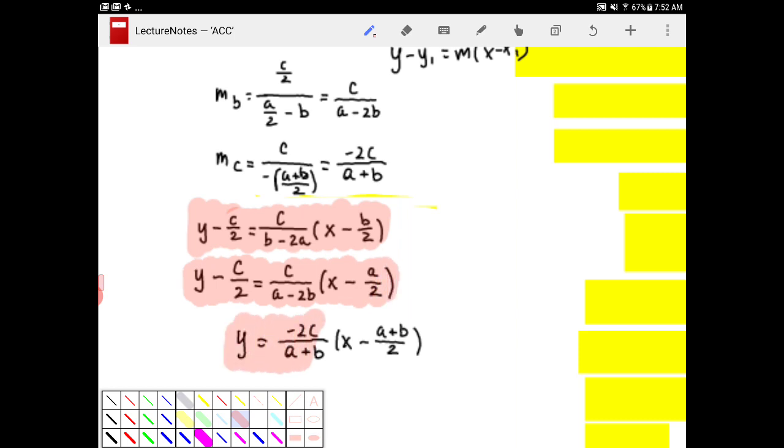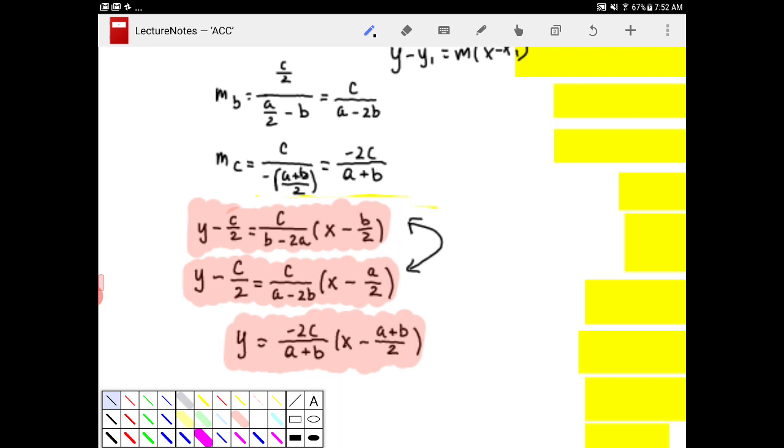of this triangle. And what I'm going to do with this is find the point of intersection. The point of intersection can be found by equating the two lines with one another.